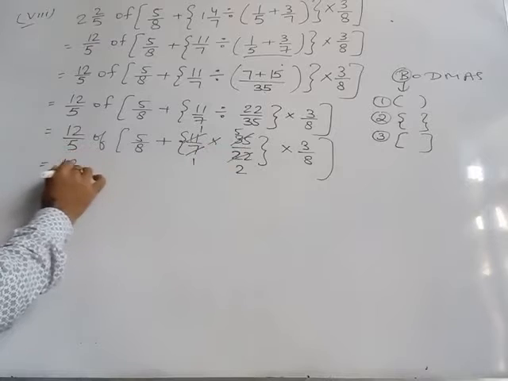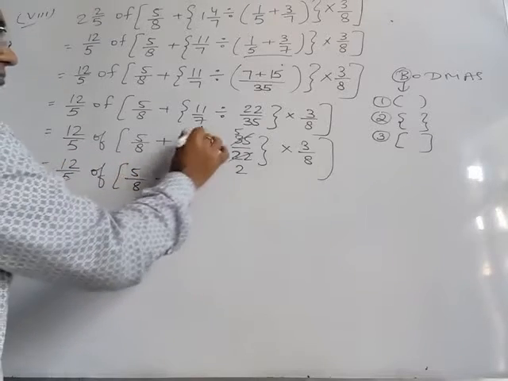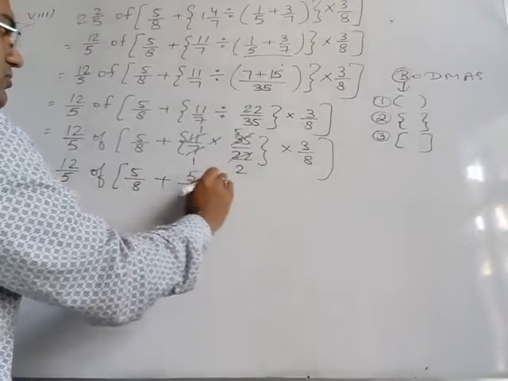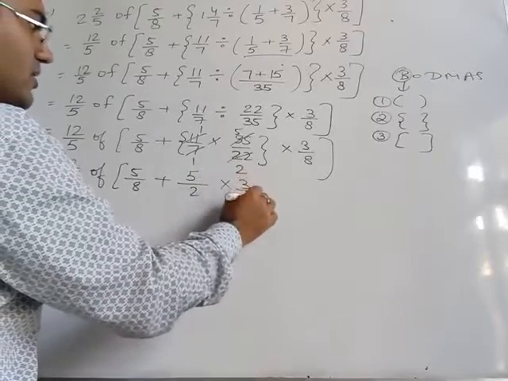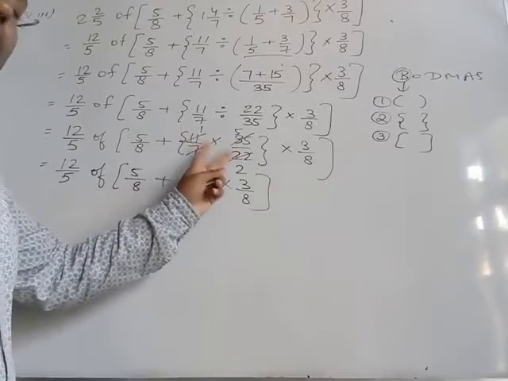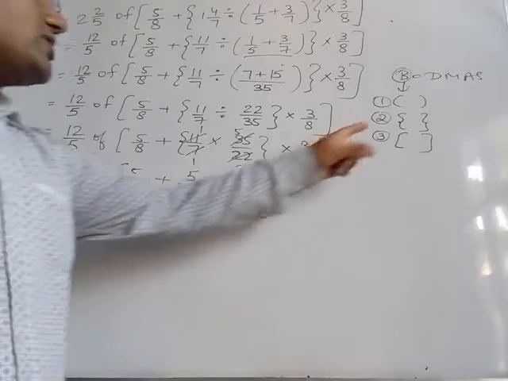Rest of the things we will write same. 1 into 5 will be 5, 1 into 2 will be 2, multiply 3 upon 8. So this curly bracket we had removed now because we had done the multiplication. Multiply 3 upon 8 we had written as it is. Now this curly bracket is over.